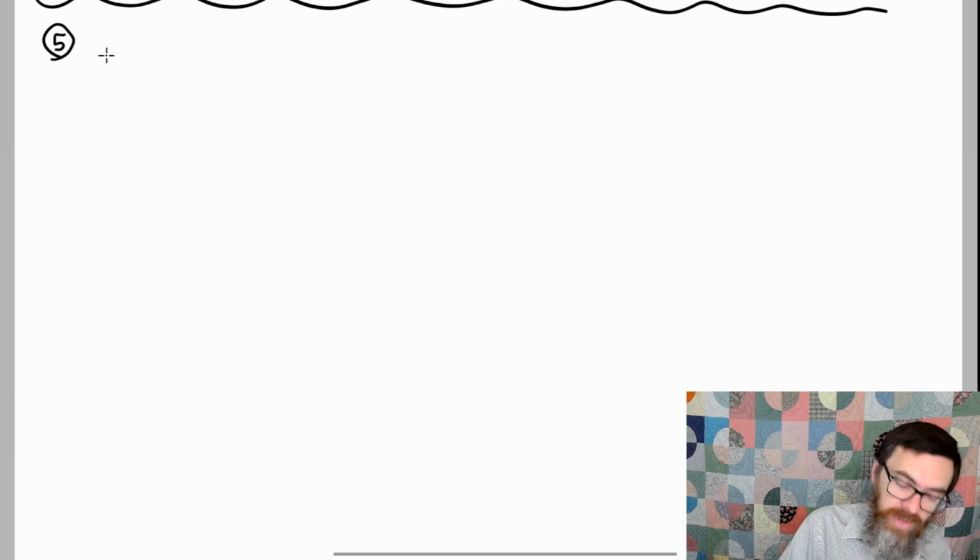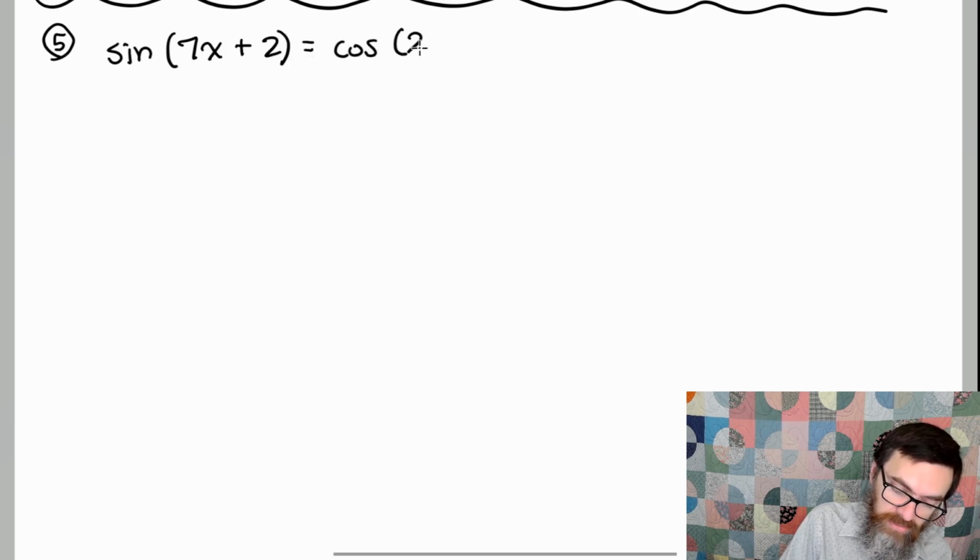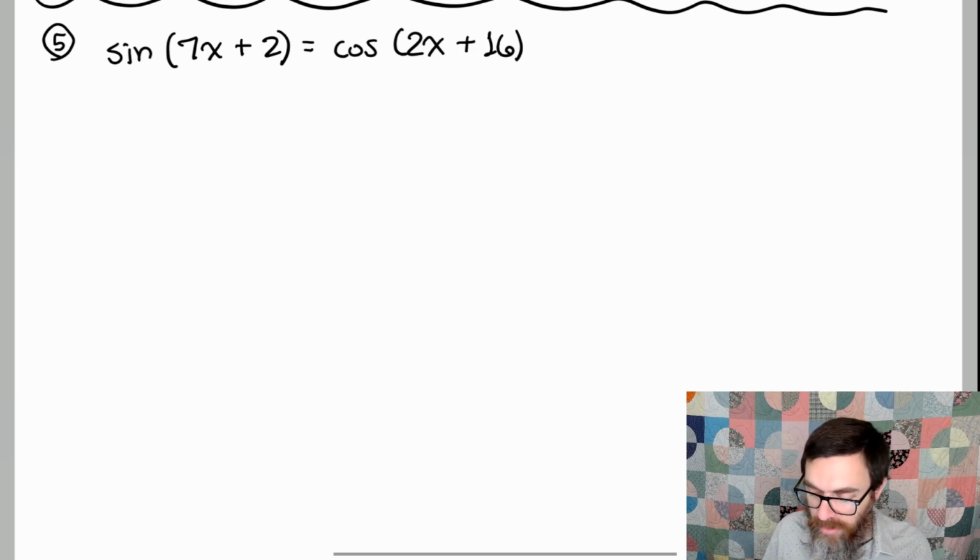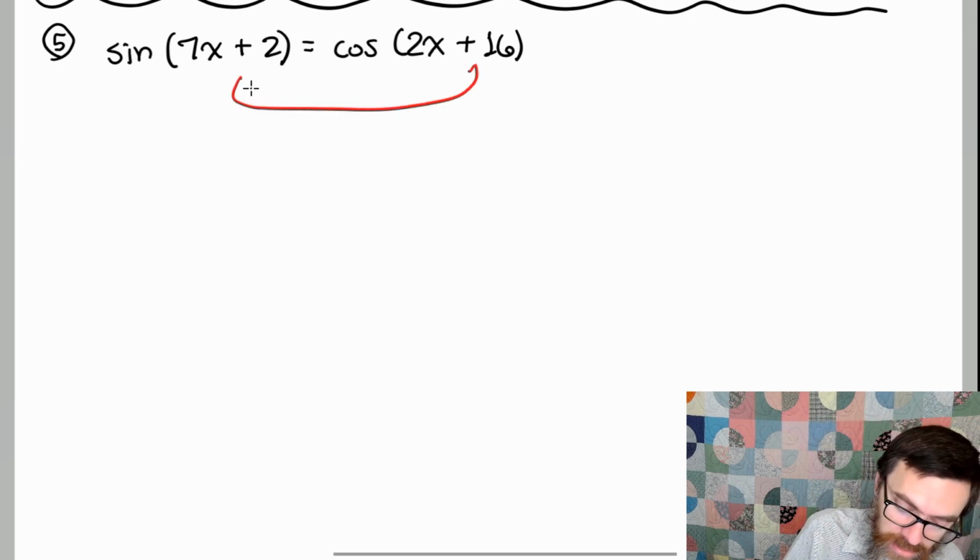So let's look at example number 5. If I have the sine of 7x plus 2 is equal to the cosine of 2x plus 16. Remember what we've said before about these cofunction identities? If sine is equal to cosine, that means that these angles must be complementary.